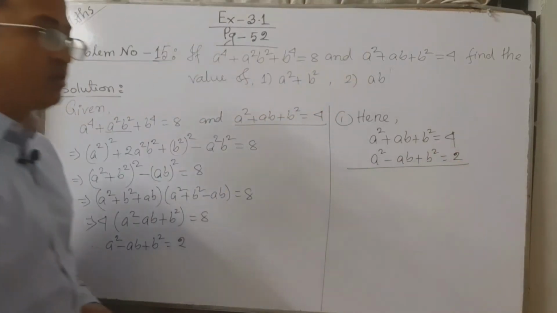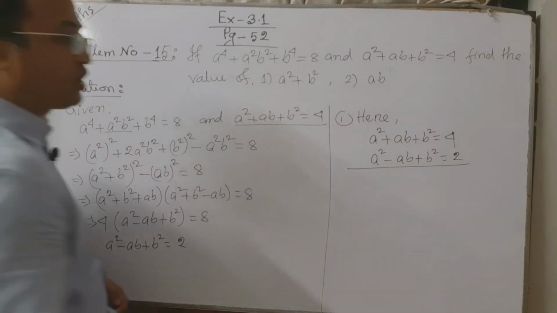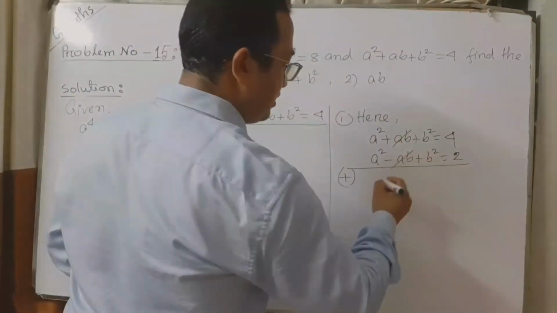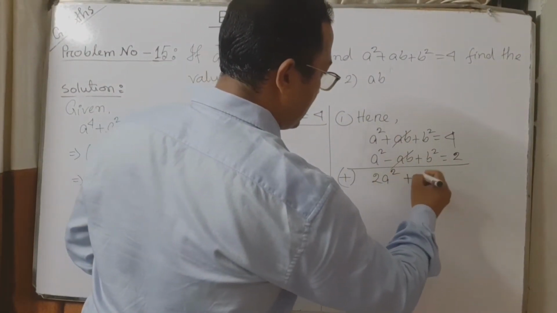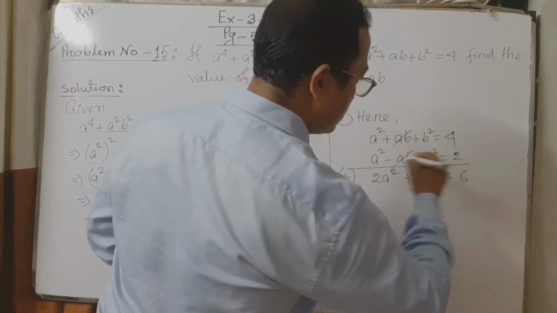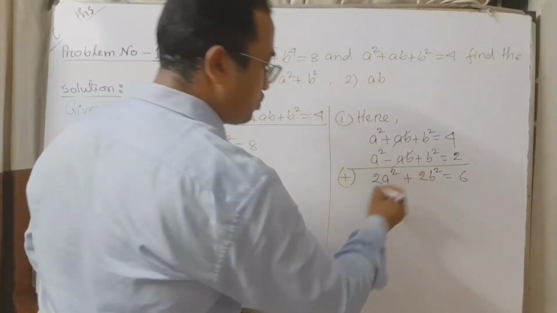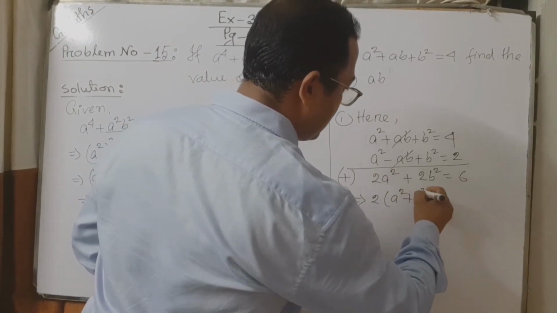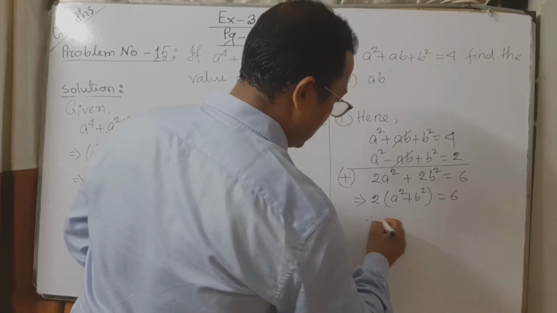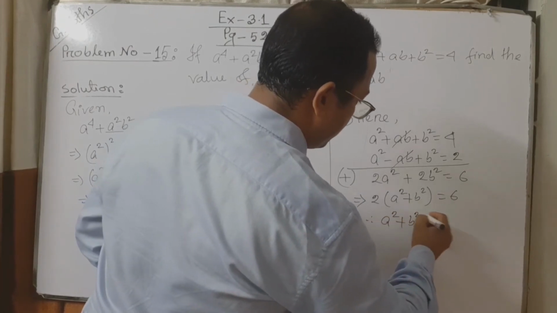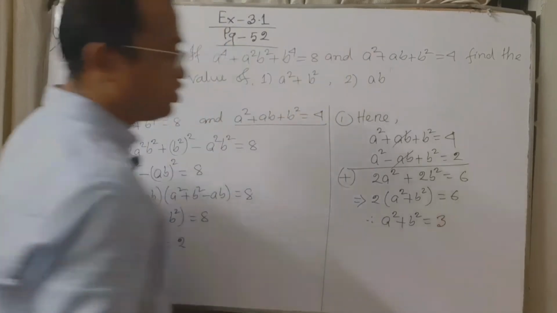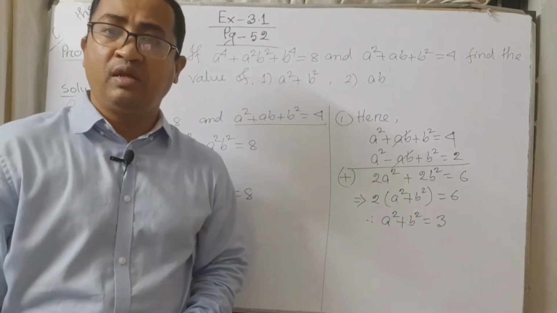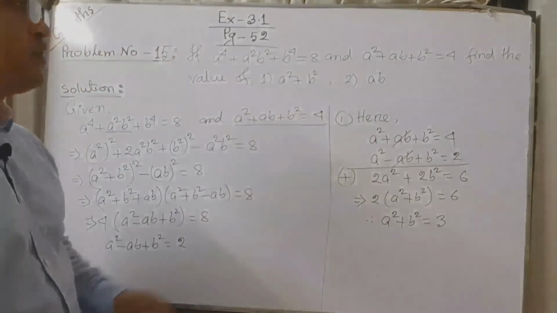If we add these two equations, what will it be? Look, add these two equations, so the ab terms will cancel. This is 2a square plus 2b square equal to 6. Now take 2 common, that is 2 times (a square plus b square) equal to 6. Therefore a square plus b square equal to 3. So we have got the value of 1, that is a square plus b square equal to 3. Now we will find the value of ab.